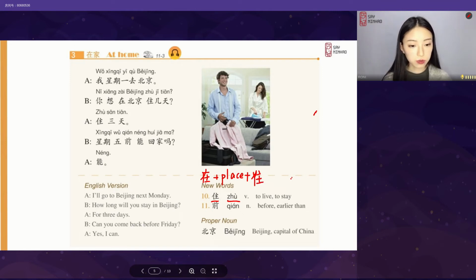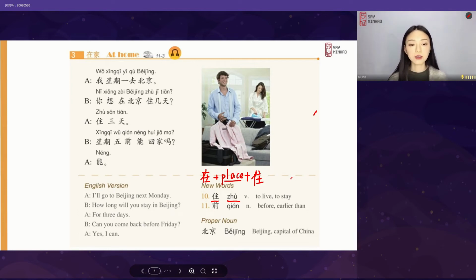So try to make a sentence, make a phrase. Live at school. So we just need to put the school in this part, right? This part. So it is 在学校住, right? 在学校住, live at school.